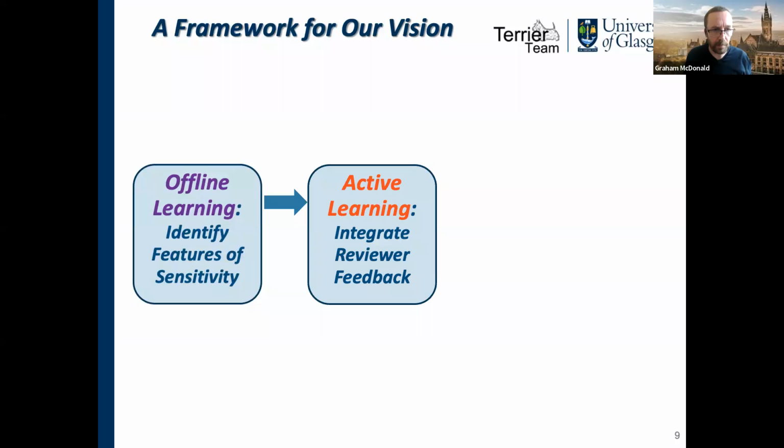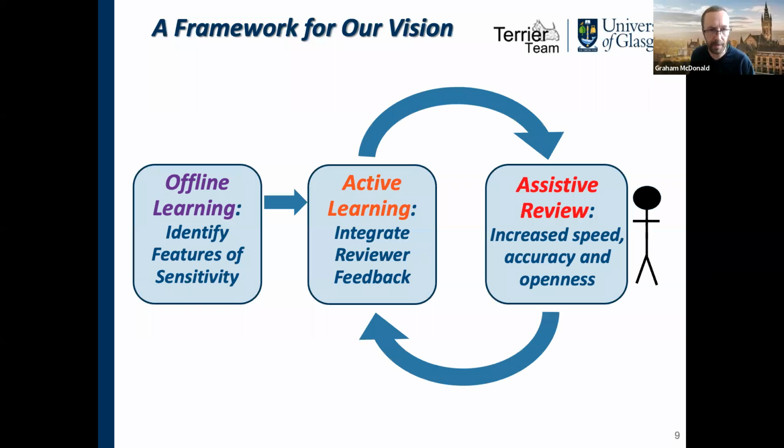Having done that, we want to create an active learning environment where we can learn from reviewers and the feedback that the reviewers provide. So this is a two-way process. We want the classifiers or the search systems to be able to learn from the actions of the reviewers.